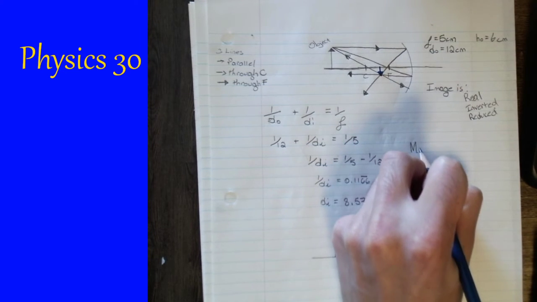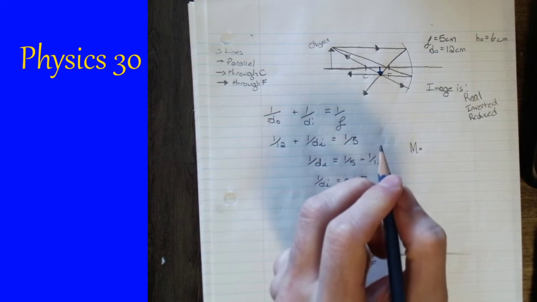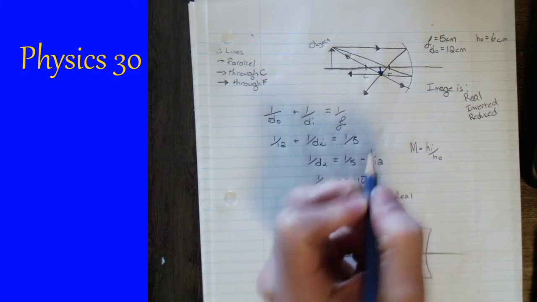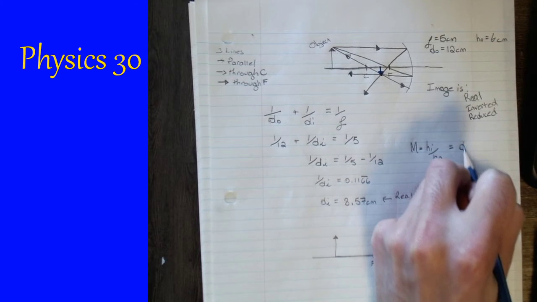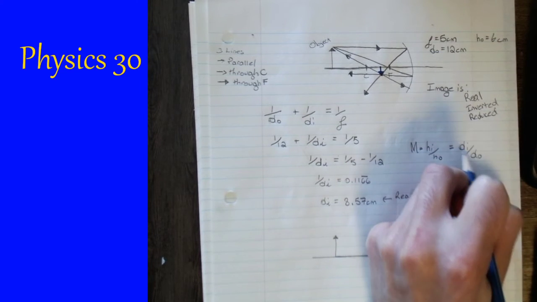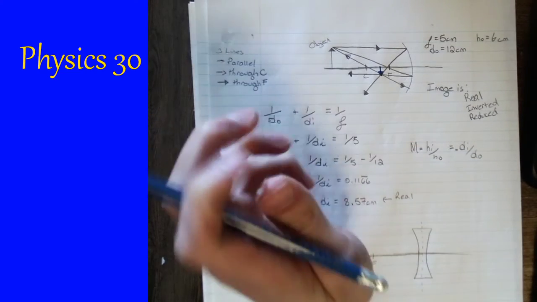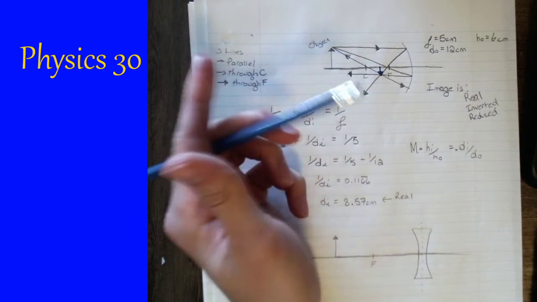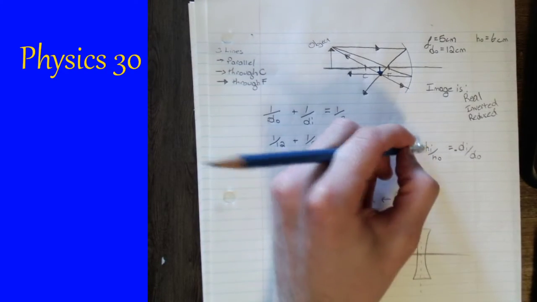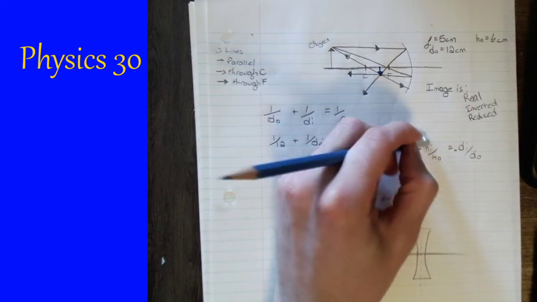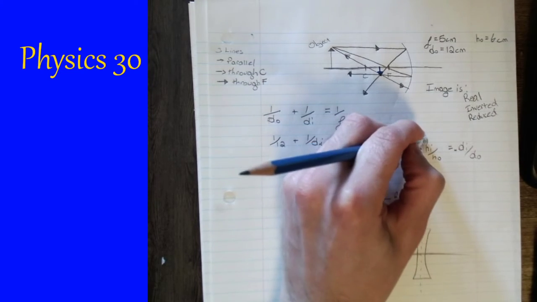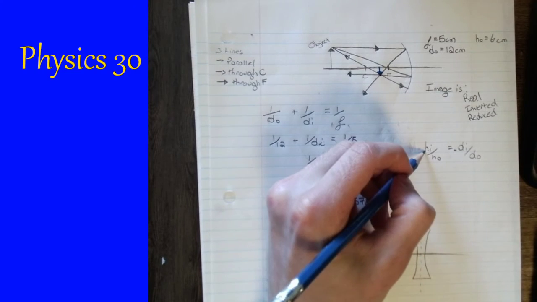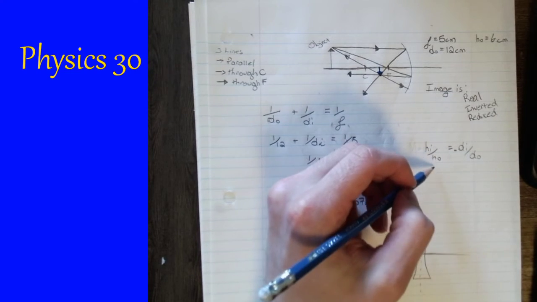And we can say that the magnification is negative image distance over object distance. So unless I'm asked for what is the enlargement or reduction, that would be the ratio between these two things. But what I actually want to find out is what is the image height based on all the other quantities.